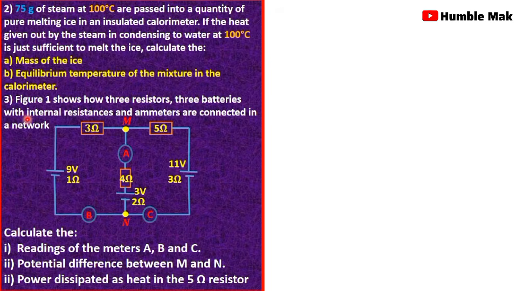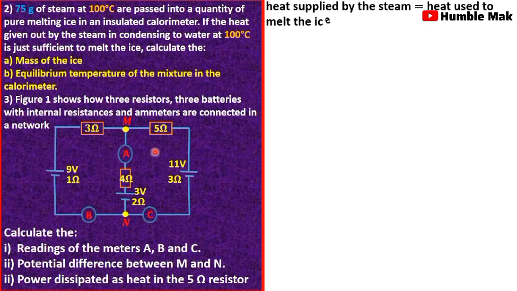Now, friends, this isn't a challenge because we know that the heat supplied by the steam has to be equal to the heat that is used to melt the ice. Because we know for sure that the steam is at a very high temperature of 100 degrees Celsius, and once it has been passed onto pure melting ice, that ice gains an amount of heat to melt.